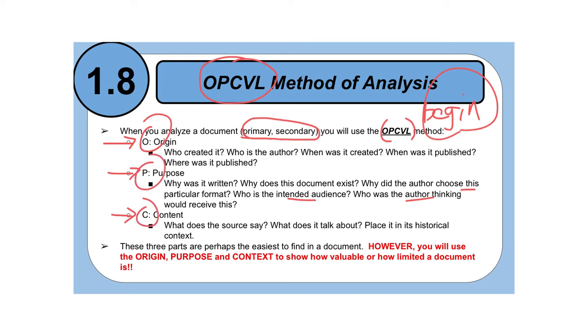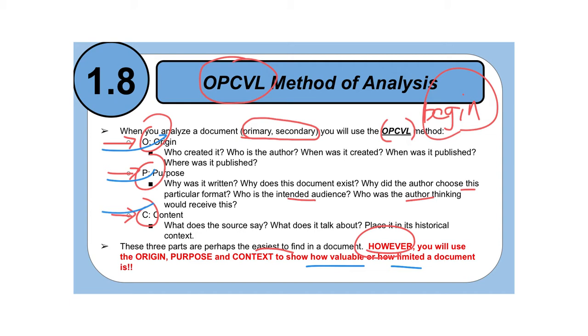These three parts are perhaps the easiest to find. However, this is the key part. You will use the origin, the purpose, and the content to show how valuable and how limited this document is. So keep this in mind. Once you find the origin, purpose, and content, you're only partially through.